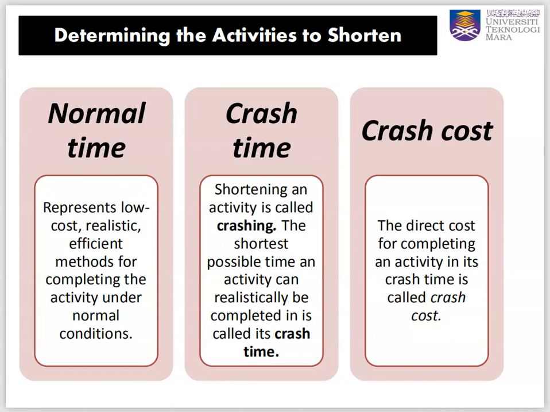Crash time is the shortest possible time an activity can realistically be completed in. Because shortening an activity is called crashing, the shortest possible time is called crash time. The crash cost is the direct cost for completing the activity in its crash time.